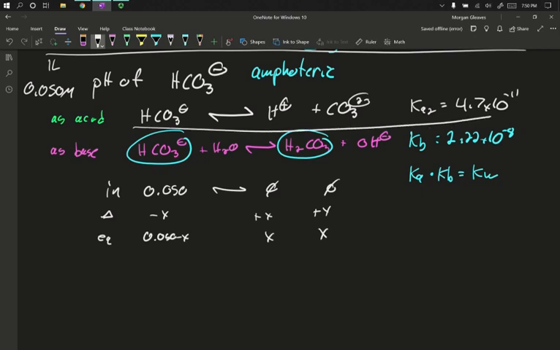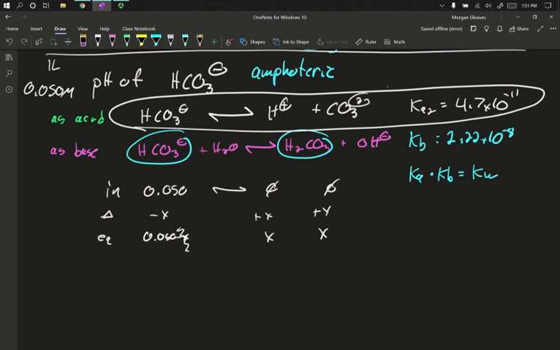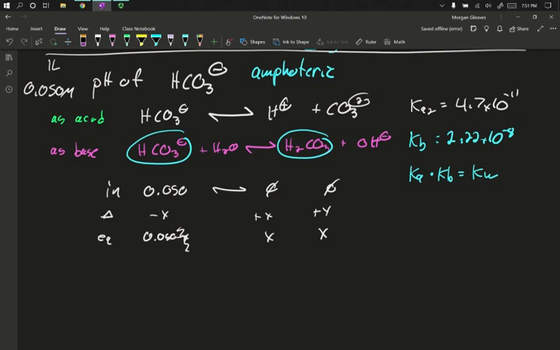If we're doing that first step, treating it as an acid, Ka is super tiny, so probably we can assume that the minus x is insignificant. That simplifies our work, no need for a quadratic. 4.7 times 10 to the minus 11 must equal x for my H plus, x for my carbonate, CO3 2 minus, divided by 0.050 for my bicarbonate.